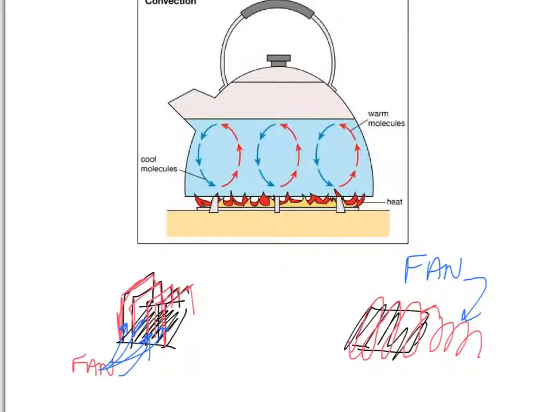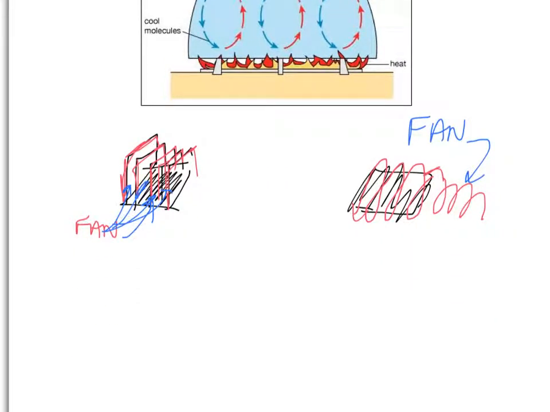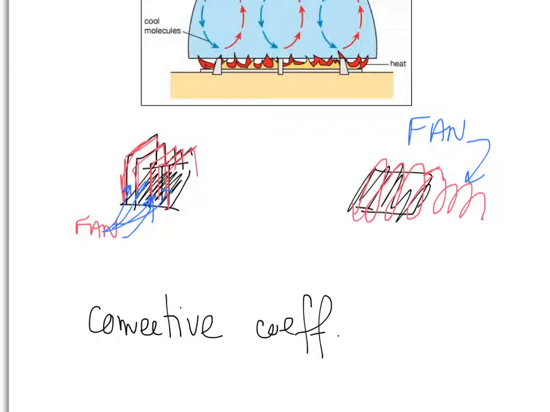How about, radiative is something called the convective coefficient. Convective coefficient. And that's known as, well, I should just put an arrow instead, H. Okay, H is the convective coefficient.